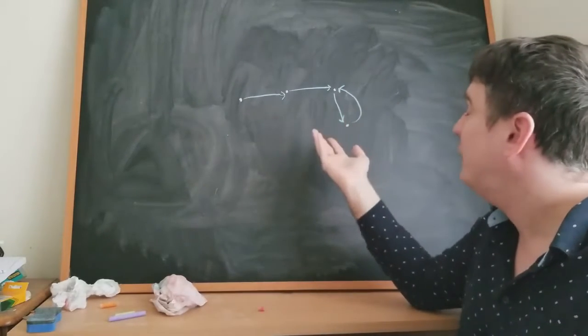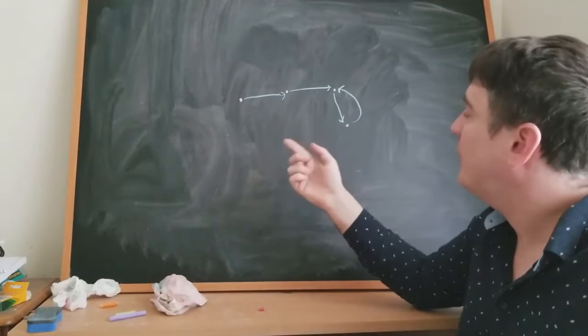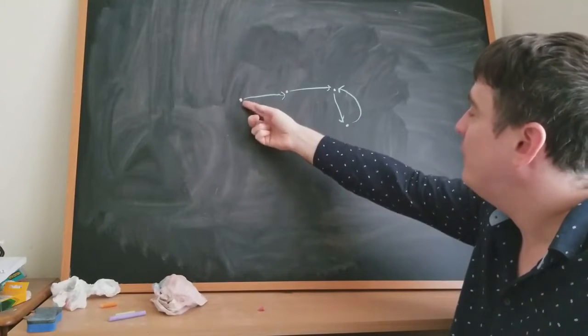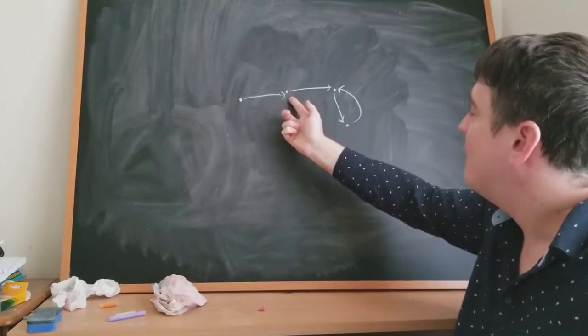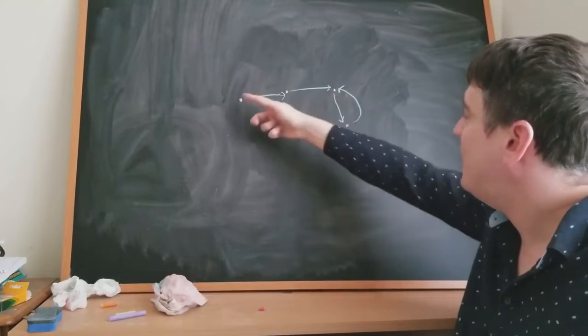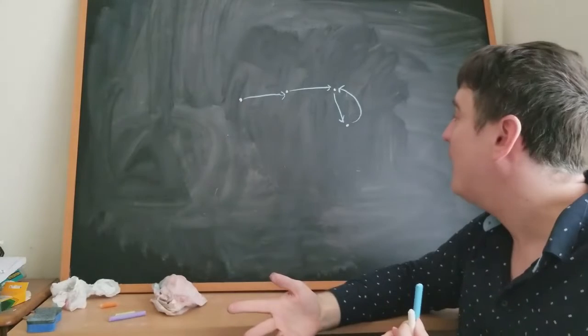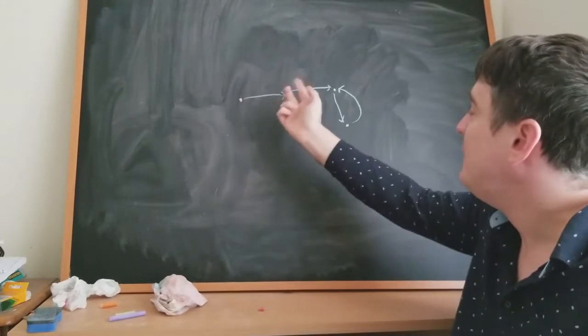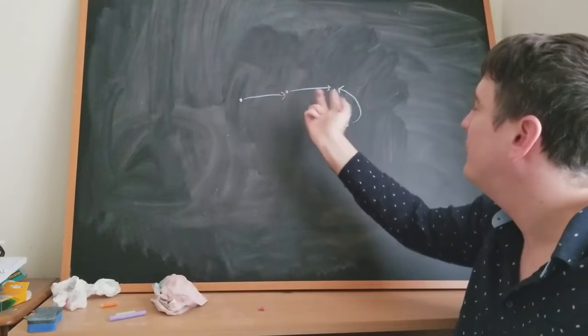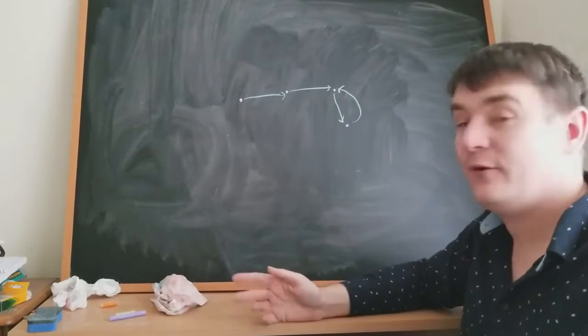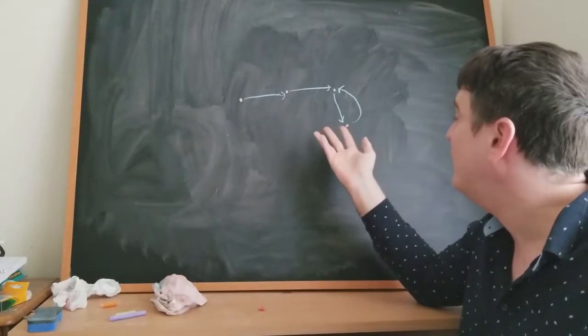It's not a category because, for example, we have an arrow from here to here and from here to here, but we don't have an arrow from there to there. So the composition is missing. We also don't have any self loops. So it's not a category, it's just a directed network.